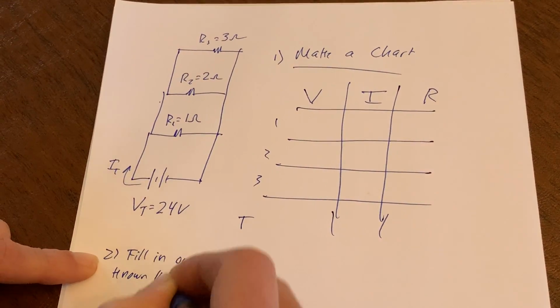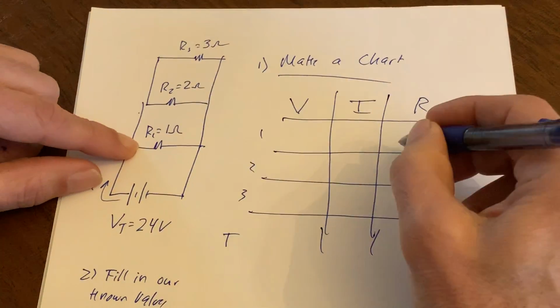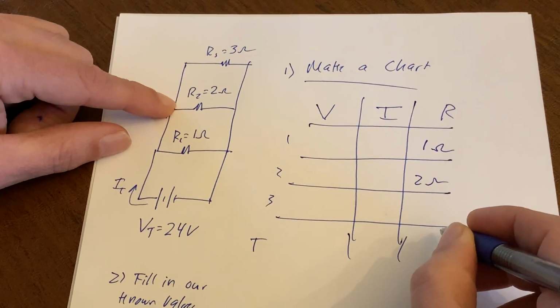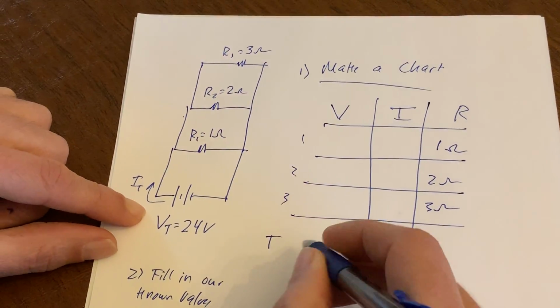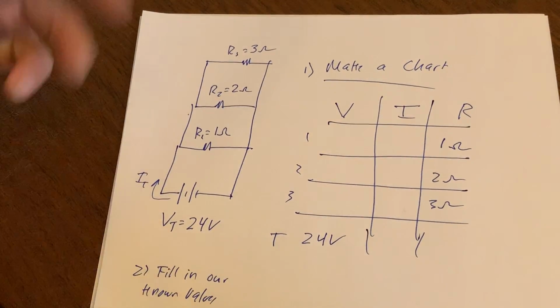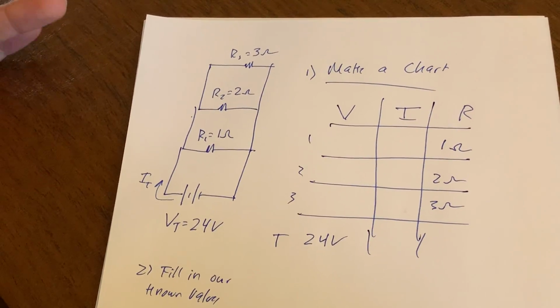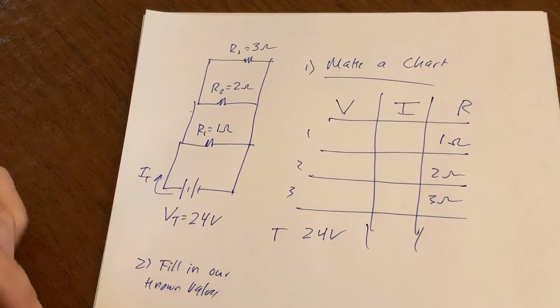What do I know? R1, 1 ohm. R2, 2 ohms. R3, 3 ohms. And V total, my voltage from the battery, 24 volts. That's just about all I can do for right now. However, can I use some of my relationships from before?